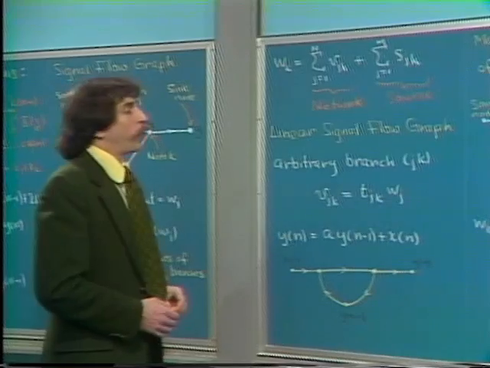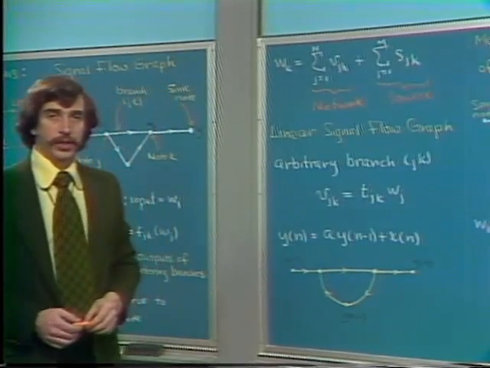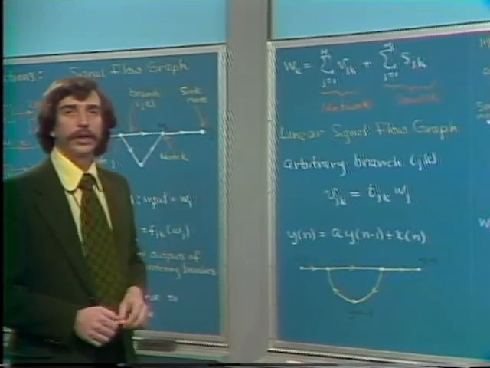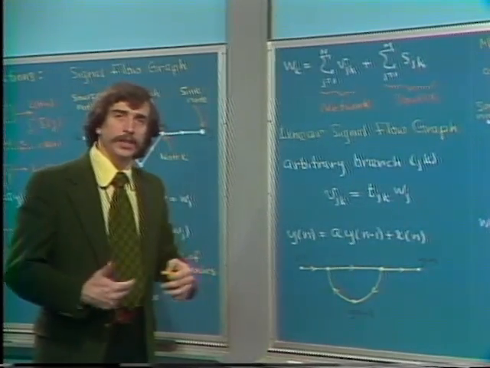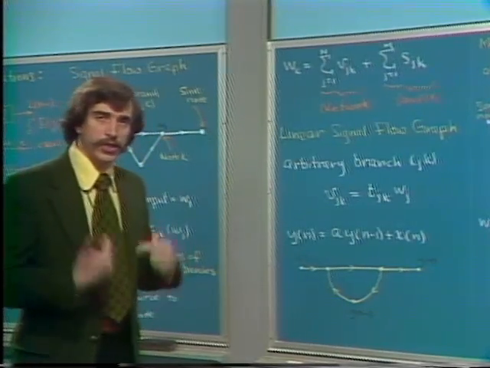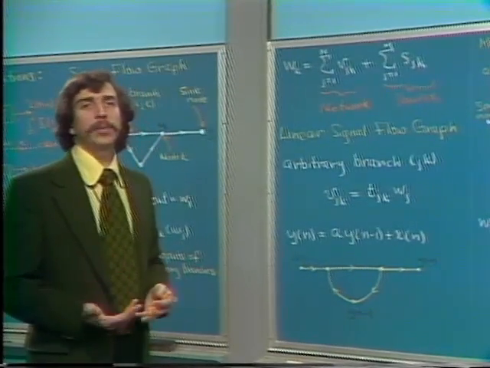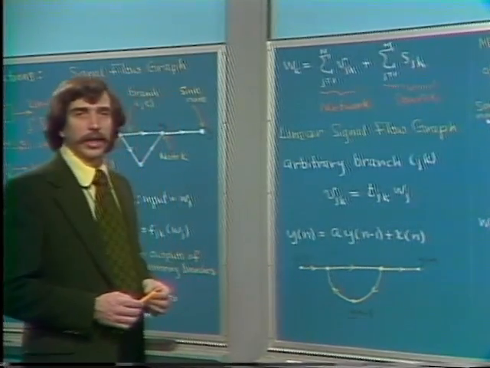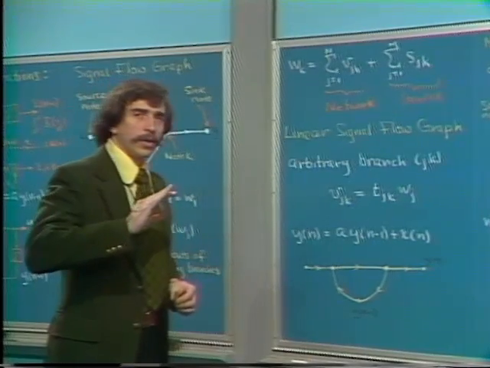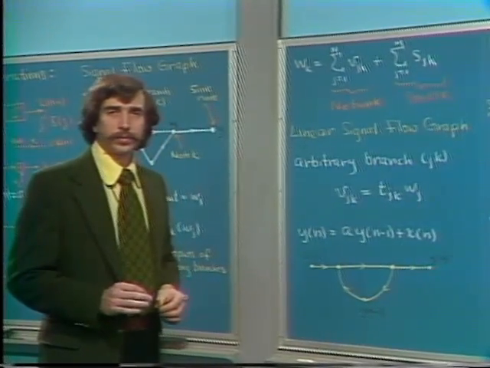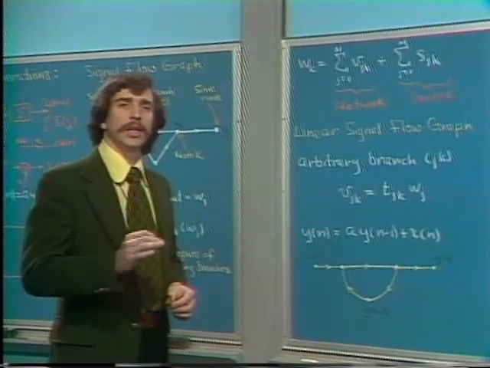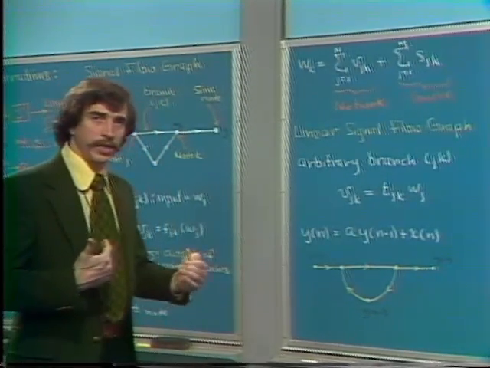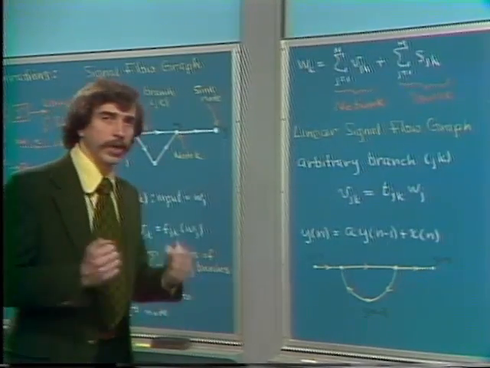Well, for linear constant coefficient difference equations, we don't need all of the generality that we've implied in the discussion so far. In particular, what we can concentrate on is a special set of signal flow graphs, namely signal flow graphs which are linear. And what we mean by linear is that the output of a branch is equal to the input to the branch multiplied by some function. So that it's a linear relationship between the branch output and the branch input.